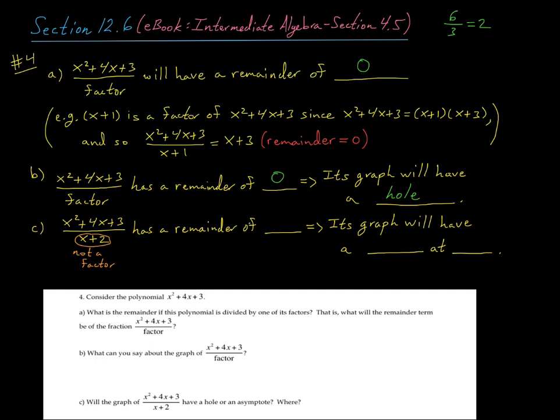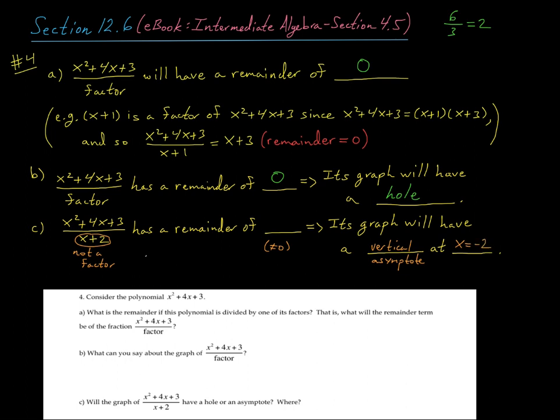So we know the remainder term is not 0. So from that alone, I could say the graph will have a vertical asymptote. And where will that occur? It's going to occur where I have a domain problem, where I have a division by 0, in other words. And so that's going to happen at x equals -2.